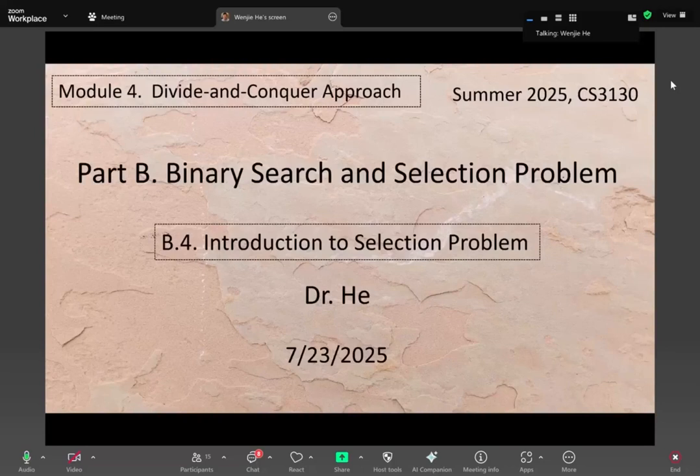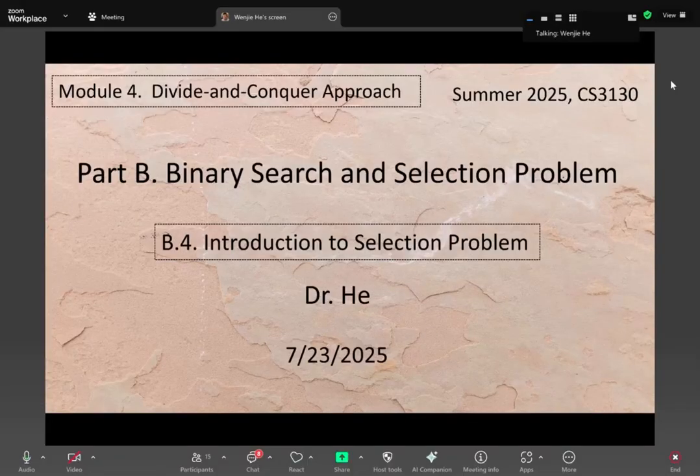Then the last topic for part B, the general selection problem. For this general selection problem, I would like to give you the final result.